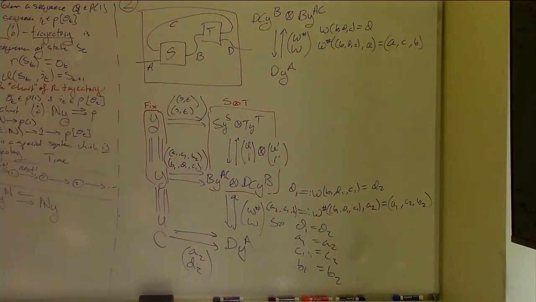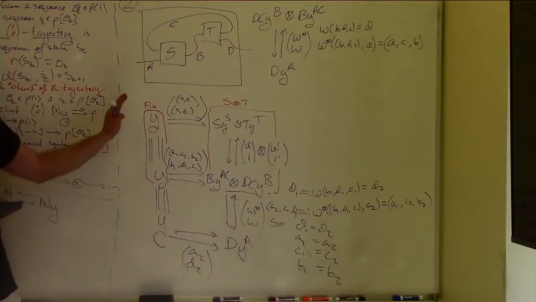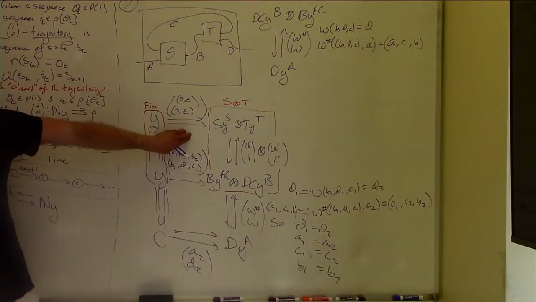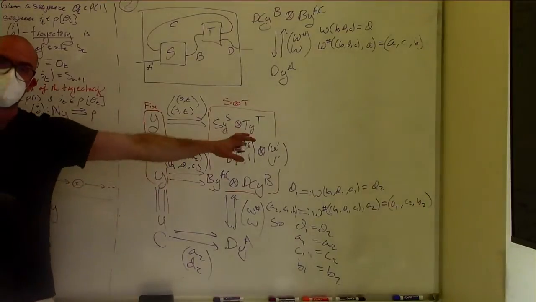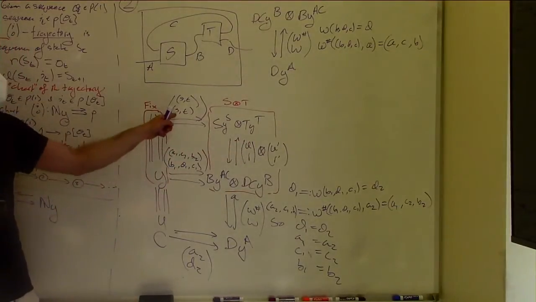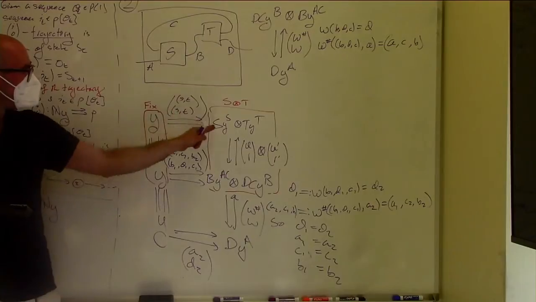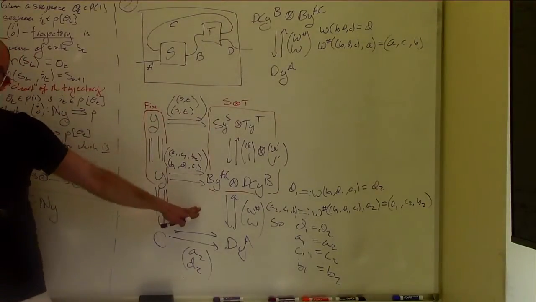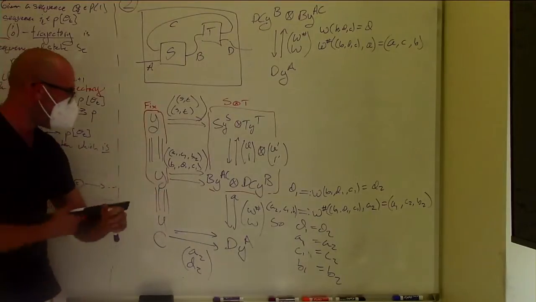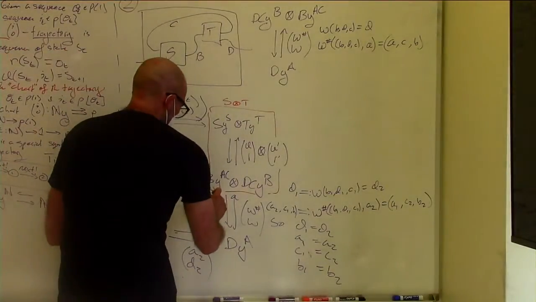So what is this upper square? This upper square is a steady state in this combined system. In other words, it's a pair of steady states, one in S and one in T. But then we can compose on the bottom with this square.